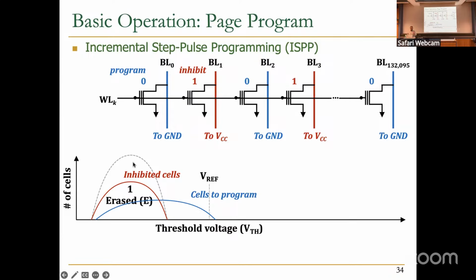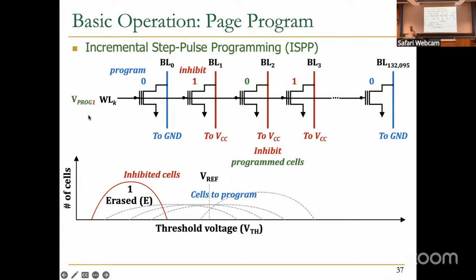They apply vProgram 0 and they read, and they see that some of these cells are already programmed, so they verify them as programmed. For the next step, we inhibit those cells as well. So this one, for example, is verified as programmed. We inhibit it, and then we apply another program voltage, another step. We basically do it for enough time to get to this distribution. Make sense? Okay.